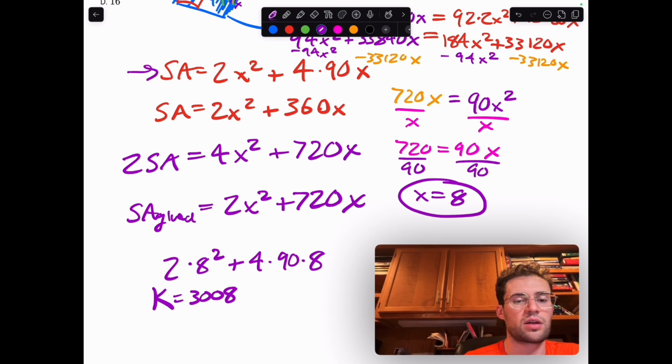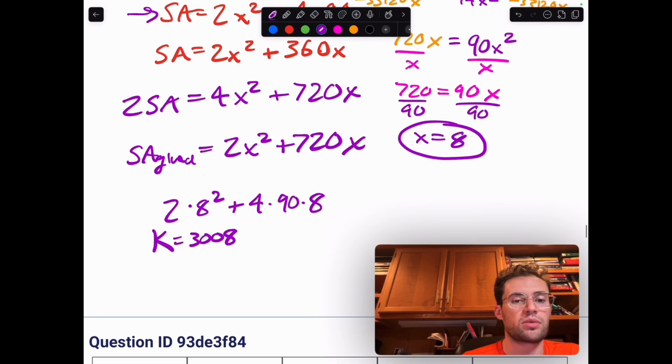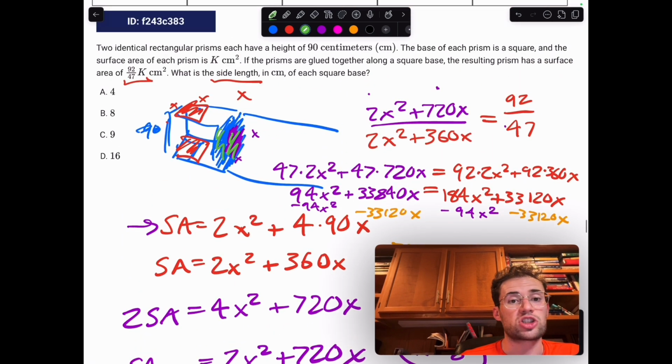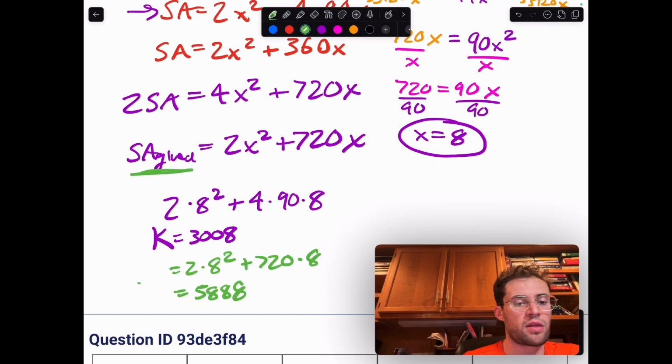And then for the glued together shape, using this formula here, that would be equal to 2 times 8 squared plus 720 times 8. That gives us 5,888. And again, that should be equal to 92 over 47 k.